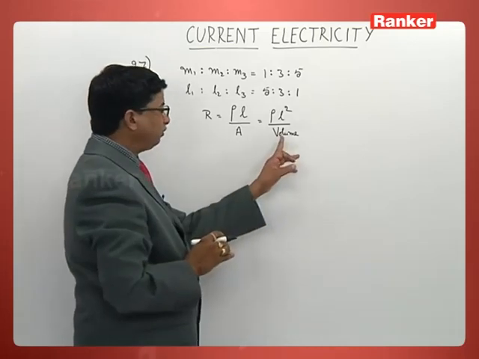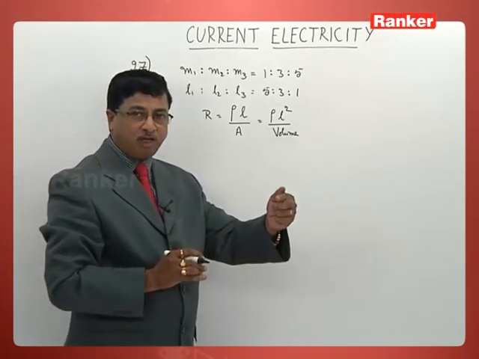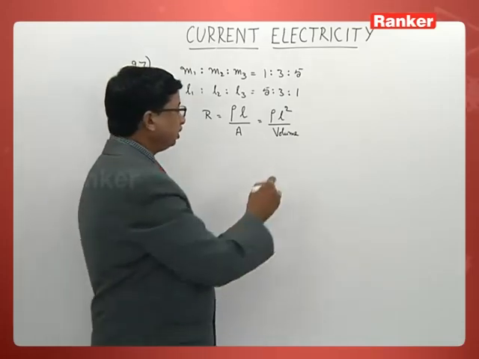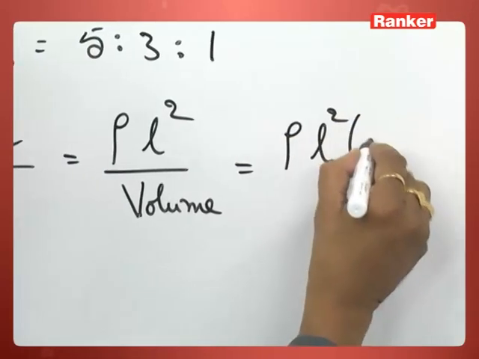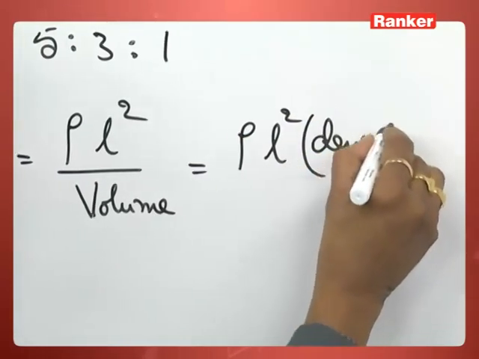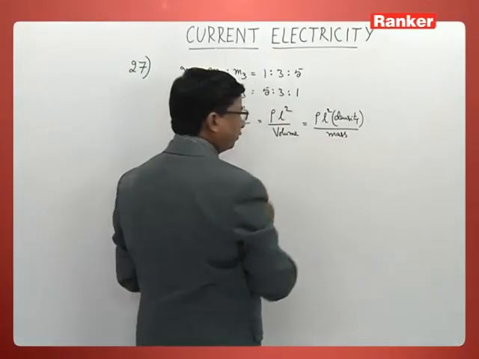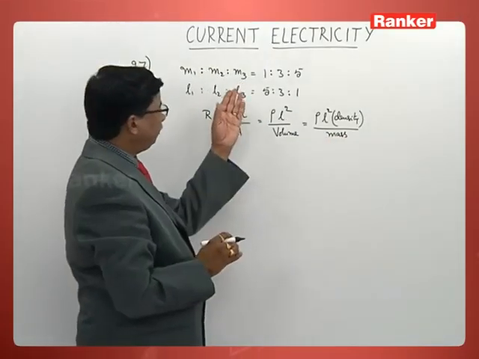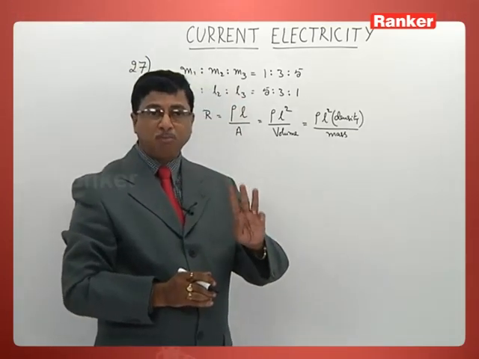And you all can understand straight away, volume can be written as mass by density. So what can we write now? This is rho L square into density divided by mass. So you can understand well, according to the problem given, all the 3 wires are made up of copper.